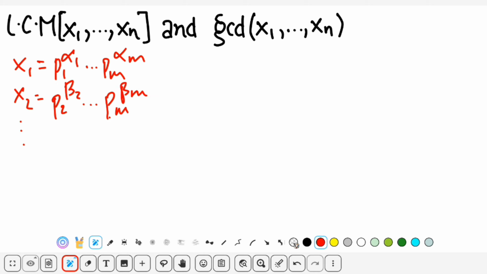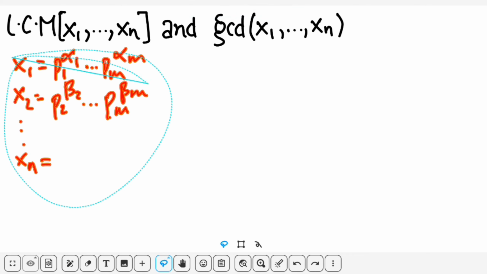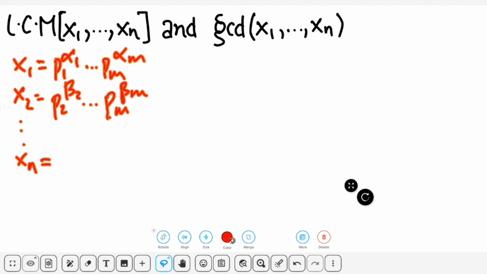But you will not be able to write xn because there are not n Greek alphabets, so this will become blank. So we are going to write this in a new way, and in a very nice way.